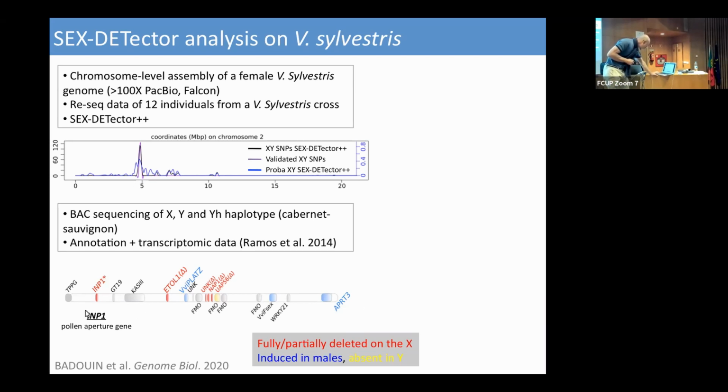And we found that one gene called IMP1 is actually present on the Y and YH haplotype, but it's not on the X. This gene is partially deleted on the X. And this gene is very interesting because it's a pollen gene. It's a male gene. We also found 3 equally interesting genes that are shown in blue.